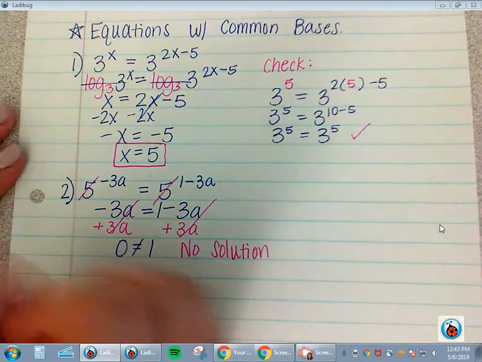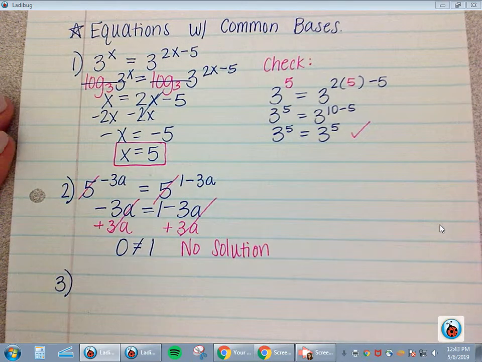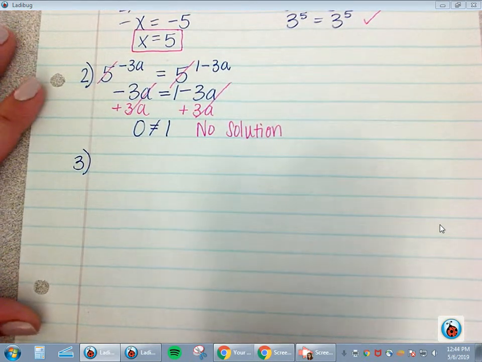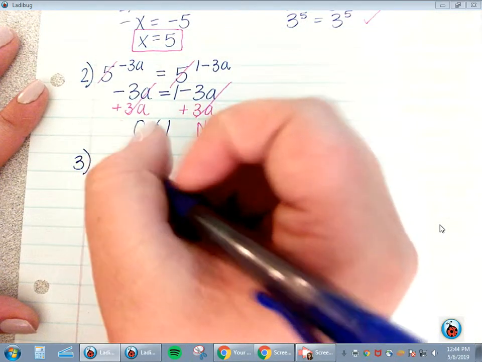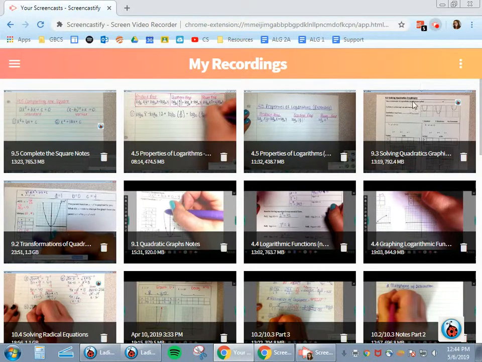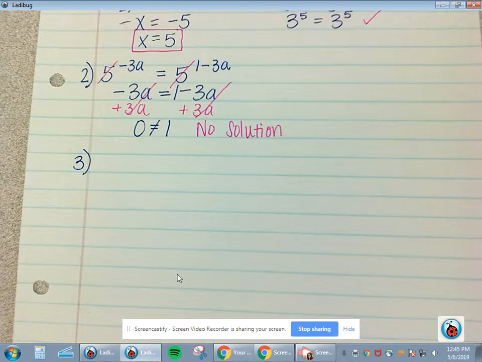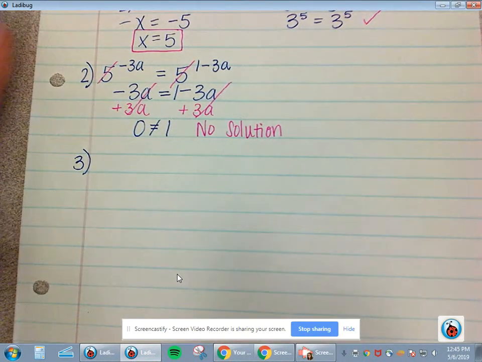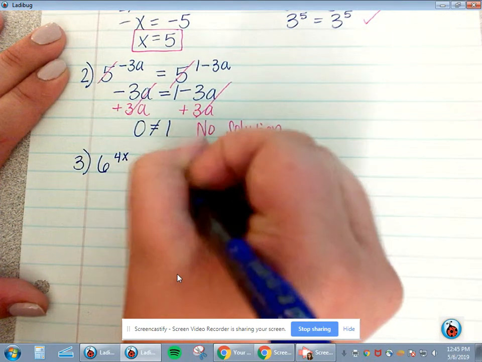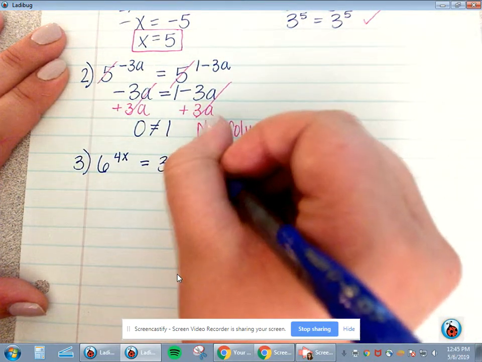Let's do another one. This time, they're not going to be common bases, but we're going to force them to be. All right, let's do this one. We've got 6 to the 4x equals 36 to the x plus 6.